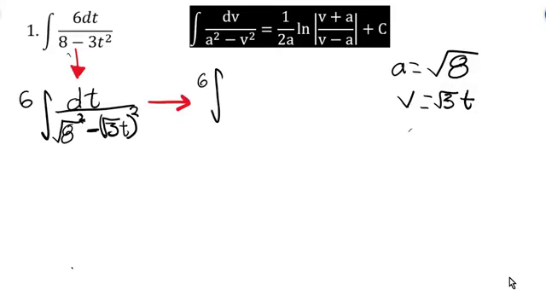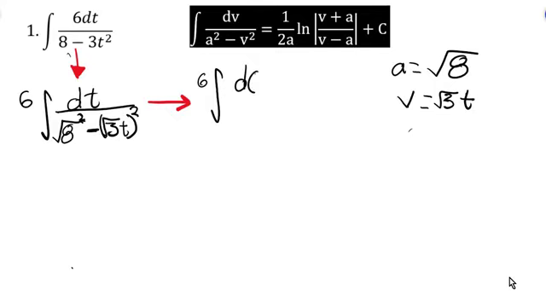Now we need to rewrite the integral by using the value of t or v, whatever you want to call it, on the top. We're just going to substitute.